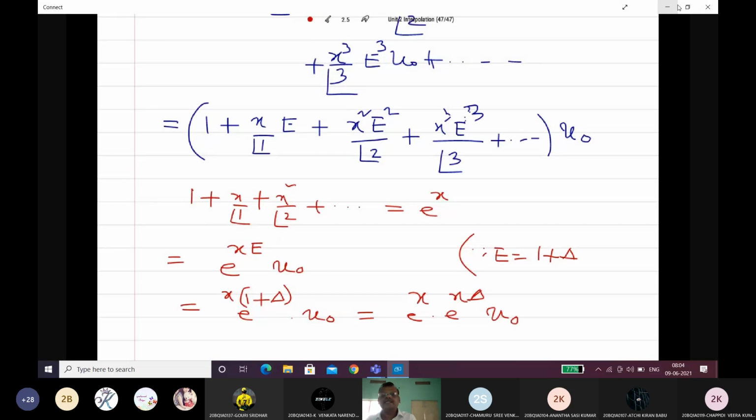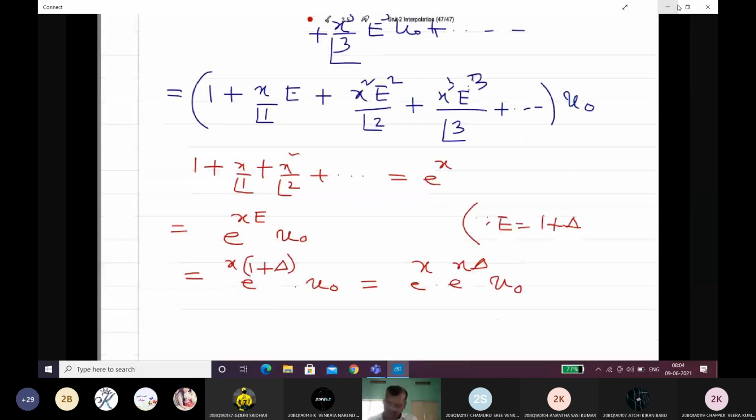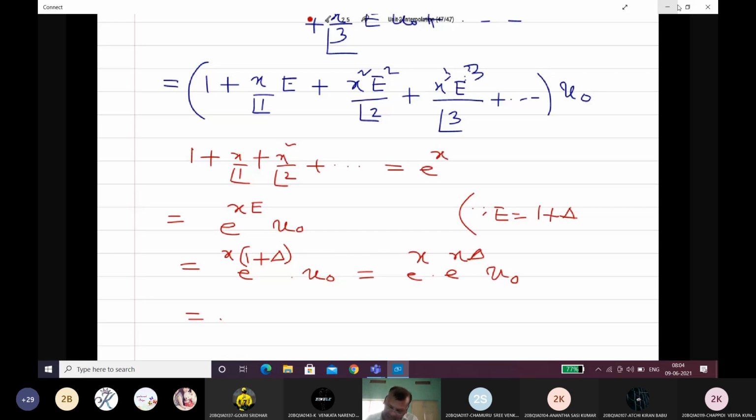Here e power x is a constant that we put outside, and we write e power x delta in the expansion: 1 plus x delta by factorial 1 plus x square delta square by factorial 2 and so on, of u naught.